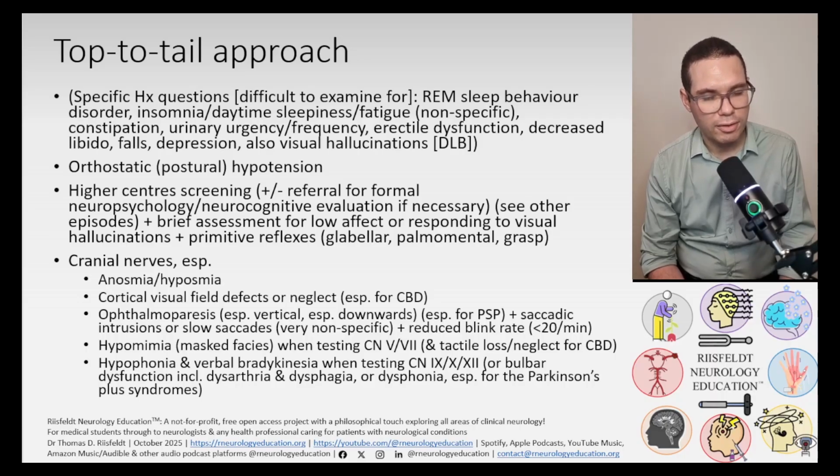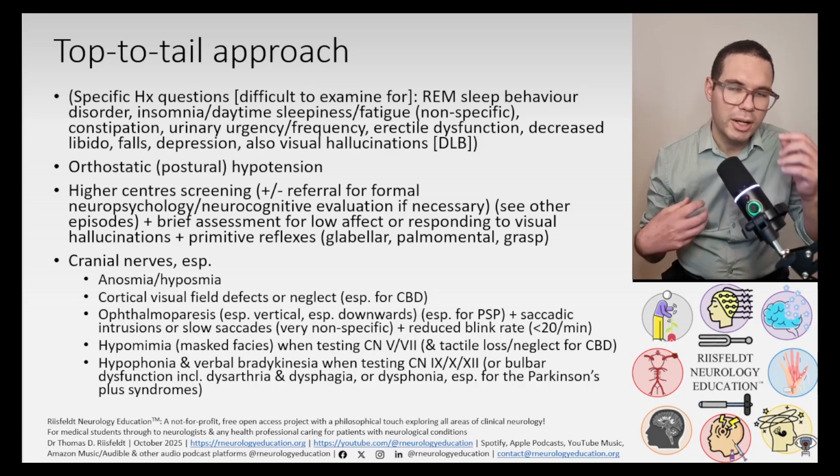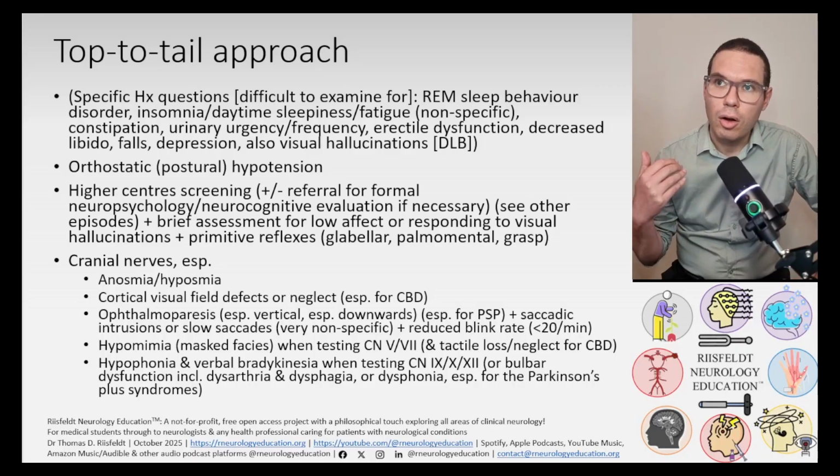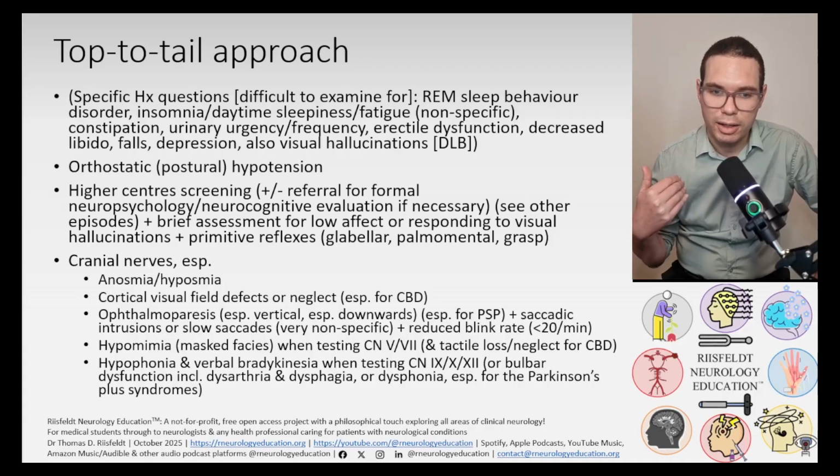Then ophthalmoparesis testing is important, and particularly we're interested in vertical gaze, and in particular, we're interested in downwards vertical gaze. So I was meaning to mention this in the cranial nerve episode, but I forgot to mention it. It's not uncommon for normal elderly patients to have partially or very restricted up gaze.